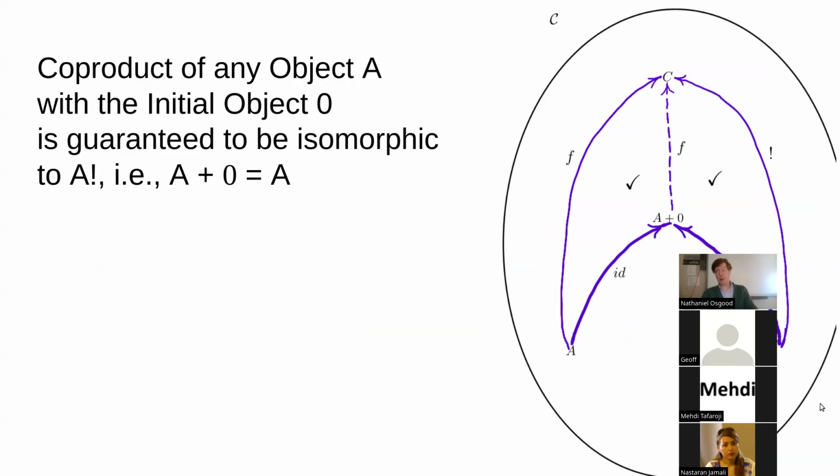From 0 to anything, unique map. And this is A itself. Therefore, F here is the same as F here. And this composed with F is just unique as well. And so this is a unique map. So this composed with that is a unique map.